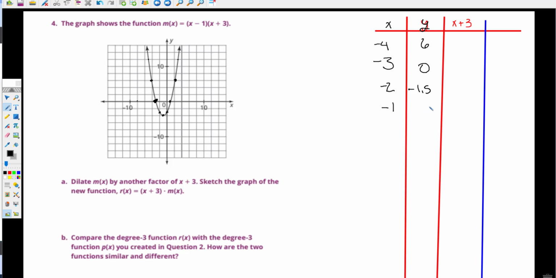Excuse me, I was counting by twos there for a second. Negative 3. At negative 1, I'm at negative 4. At 0, I'm at negative 3.